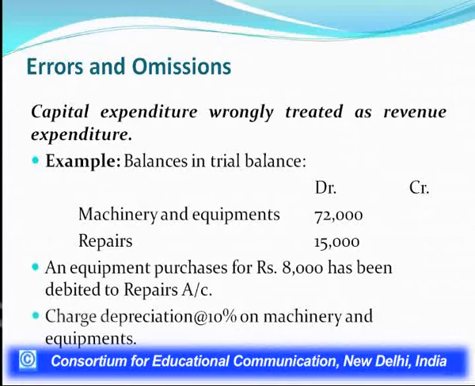So, the depreciation charged will be 8,000 and not 7,200, which is on the balance given in the trial balance. In the profit and loss account, the repairs of rupees 15,000 on the debit side need to be rectified, so 8,000, the purchase of equipment which has been capitalized, shall be deducted, and only rupees 7,000, the remaining balance of repairs, will be shown on the debit side of the profit and loss account.